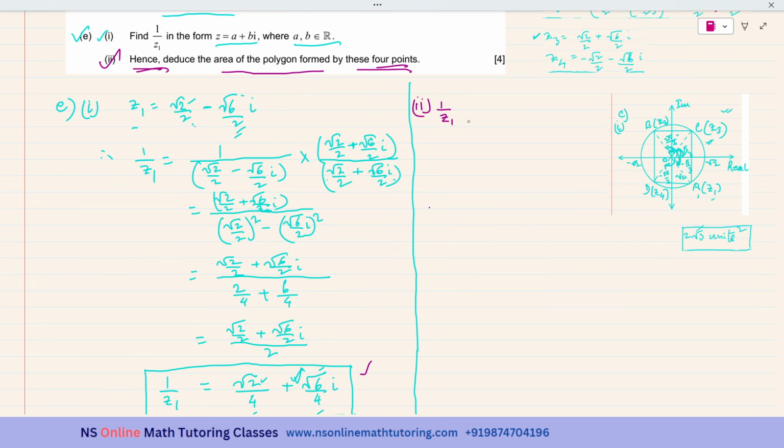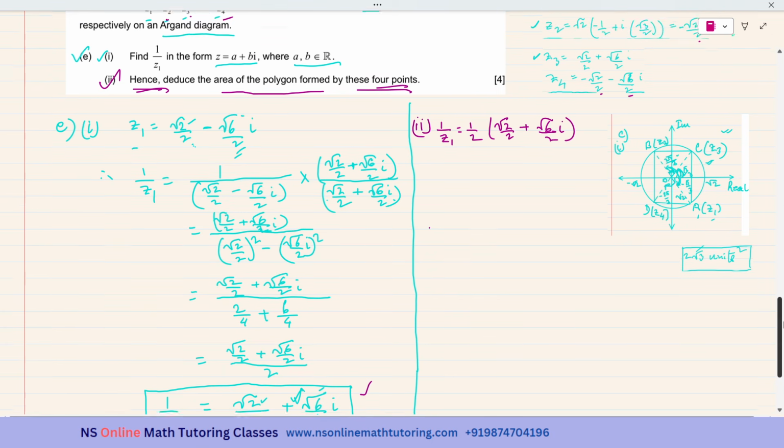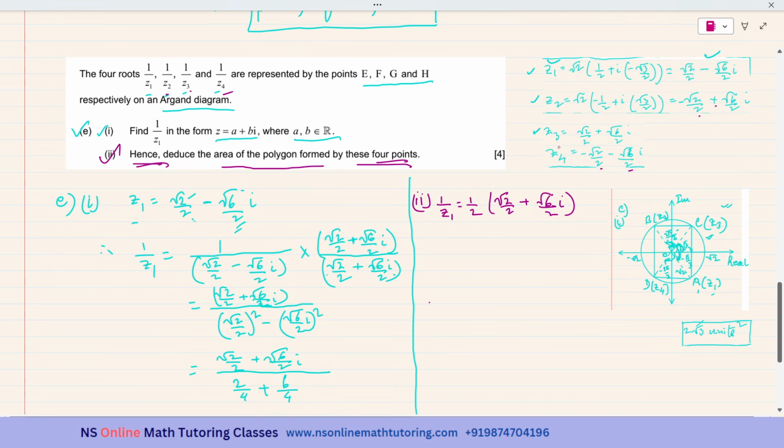Okay, 1 over z1, because these have the denominator of half, I can write this as half times root 2 over 2 plus root 6 over 2i.